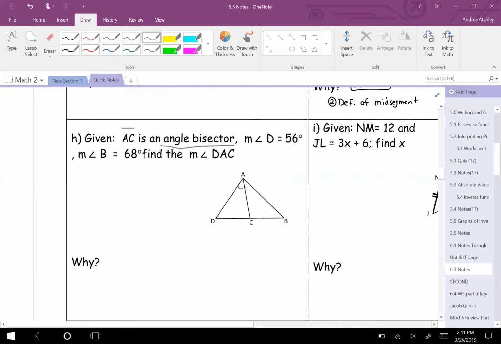So I know that this is going to be congruent to this. It also tells me that the measure of angle D is 56 degrees and the measure of angle B is 68 degrees.